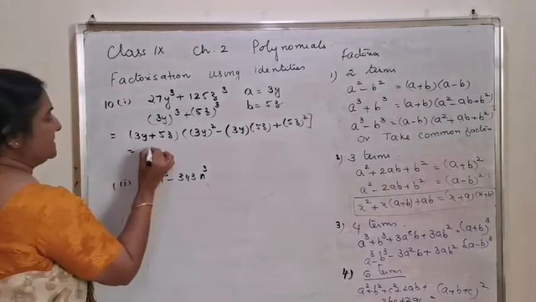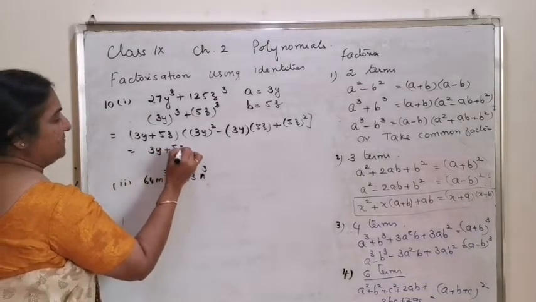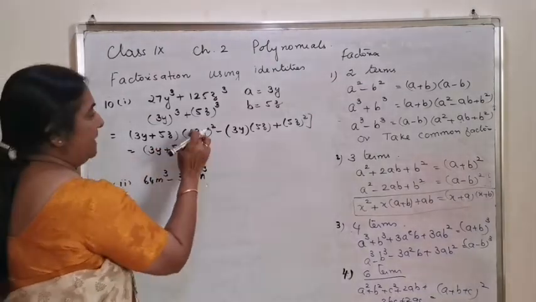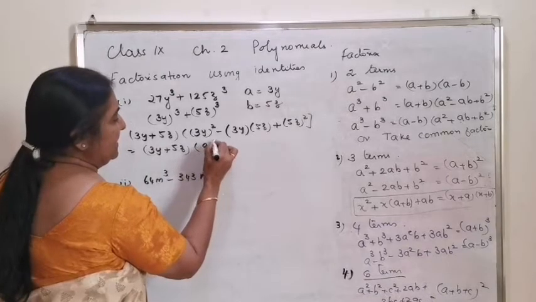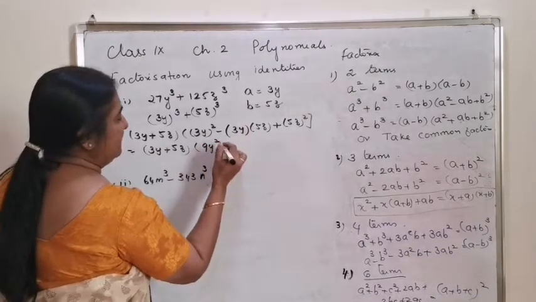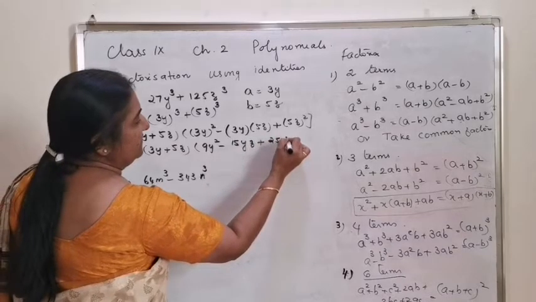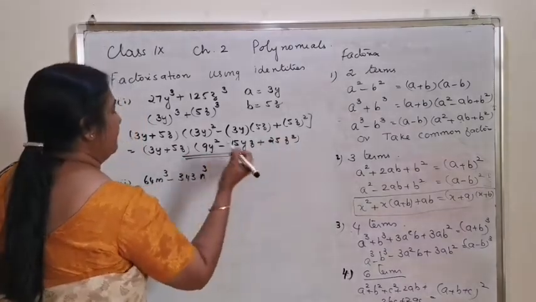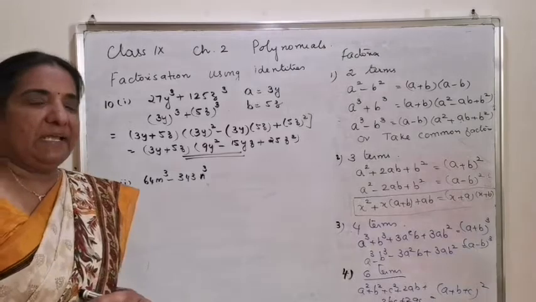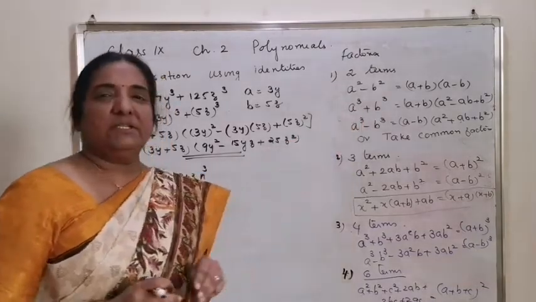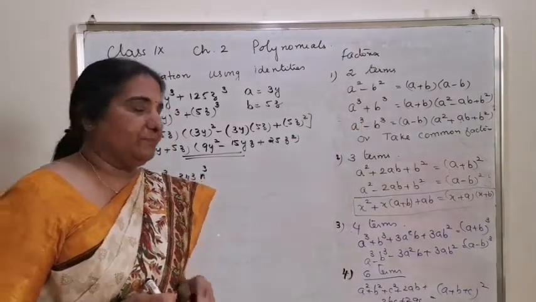So the final answer is (3y plus 5z) into (3y the whole square is 9y square, 3 5s are 15yz, plus 25z square). This factorization can be done if you learn the formulas thoroughly.